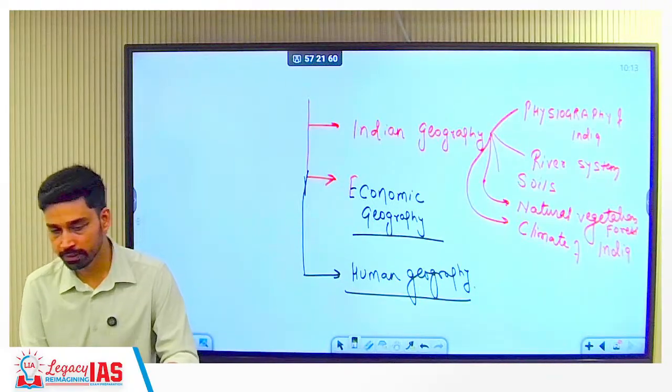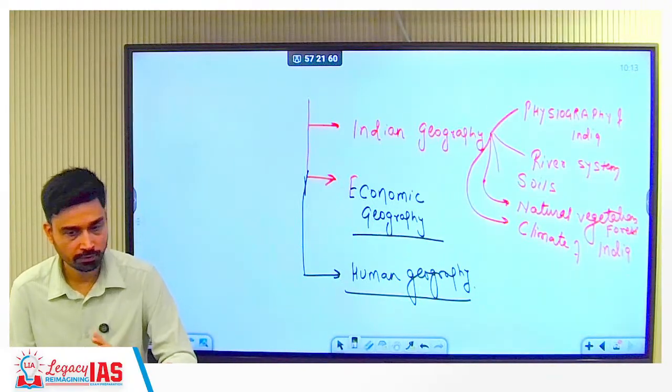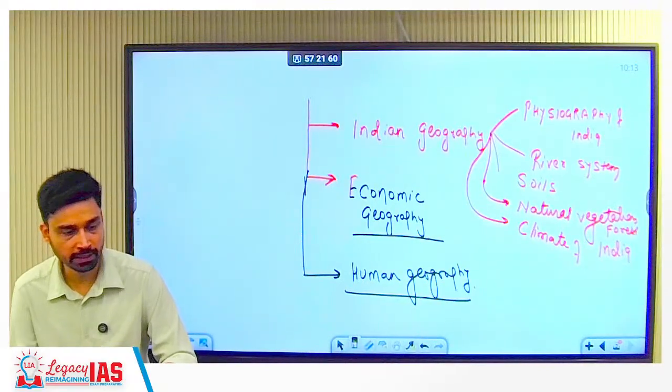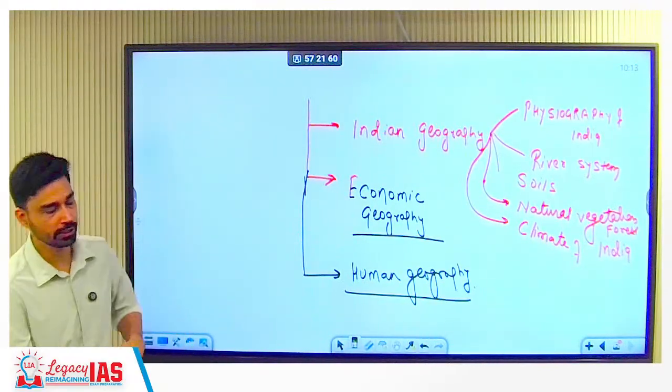Now we will start with which branch first? First is geomorphology, about the earth, the lithosphere part. So we can give the heading geomorphology.